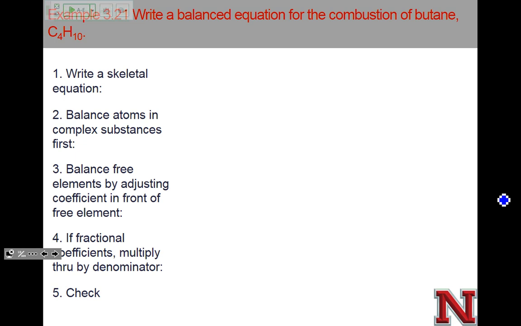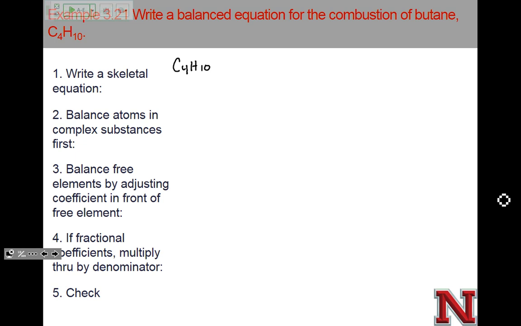So our first step is writing our actual skeletal structure. We need to know what the equation looks like before we can balance it. So we are reacting C4H10, and in this case I might have to tell you that C4H10 is liquid at room temperature.